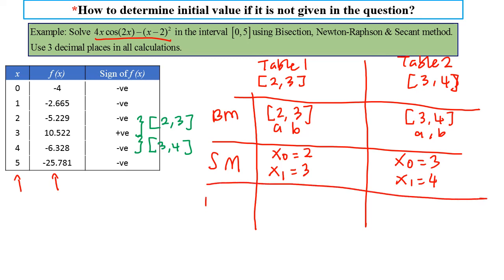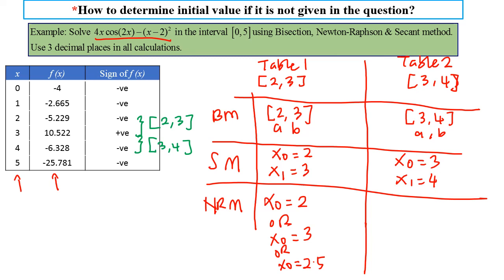For the Newton-Raphson method, if you remember, it requires just one initial value. So from the interval 2, 3, you can choose any value as long as it's in between 2 and 3. For example, you can use x0 as 2 or x0 as 3 or any value, for example 2.5, as long as the value is in the interval 2 to 3.